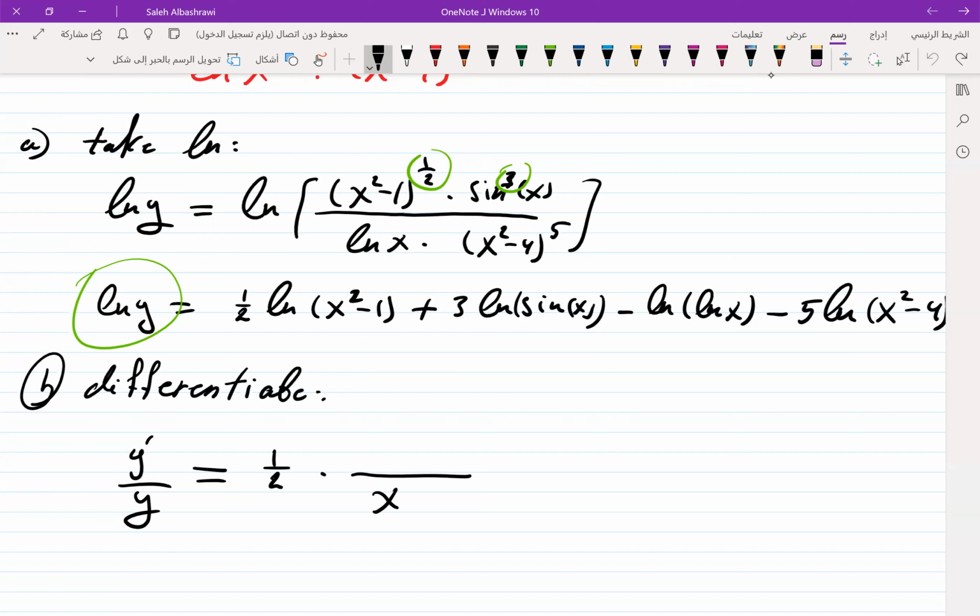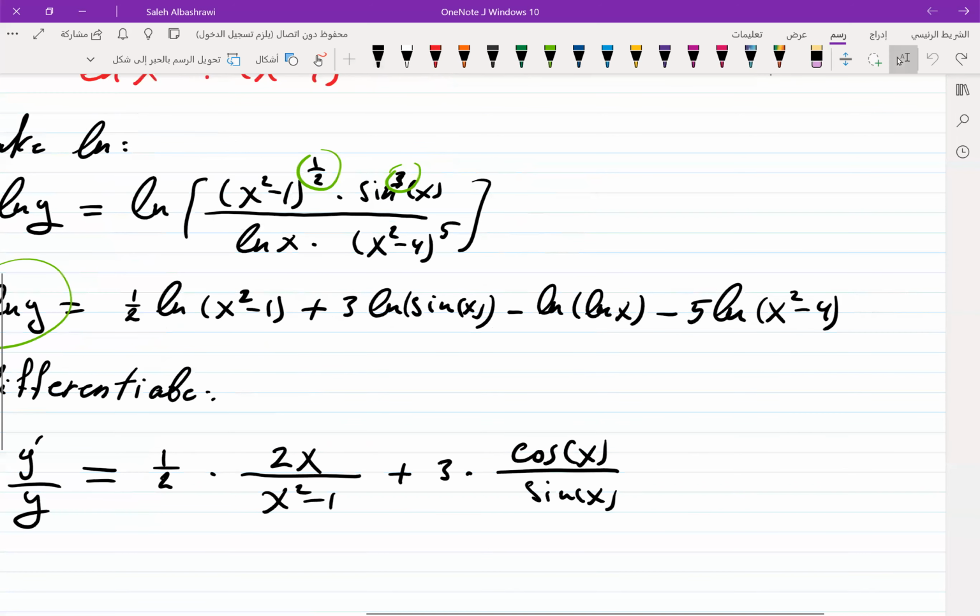The function is down in the denominator and the derivative is up, so it is 2x divided by x squared minus 1. Second one, plus 3 multiplied by, the function is sine, the derivative is cosine x.